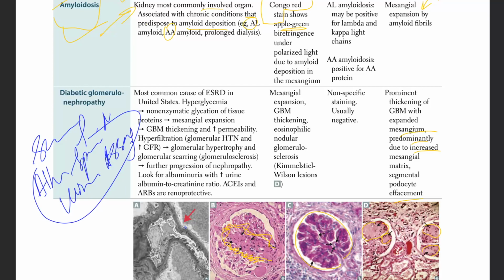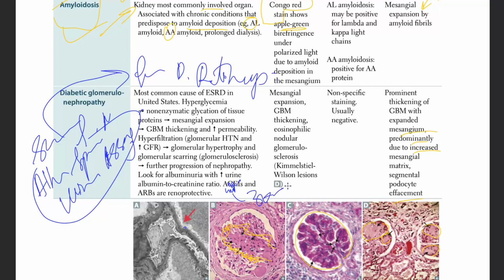Also, for diabetic nephropathy, screen these patients for diabetic retinopathy. Okay, so these are the two things that you want to do. And for the treatment, just give ACE inhibitors in the patients with microalbuminuria, meaning 30 to 300. Give ACE inhibitors.